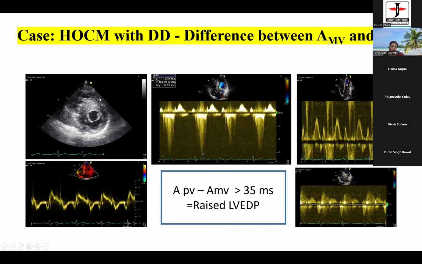This is my patient again, sir. This is a concentric LVH, with dagger-shaped velocity, dagger-shaped LVOT gradient. And look at the S and D, normal. But when you compare APV and AMV, it is more than 35.